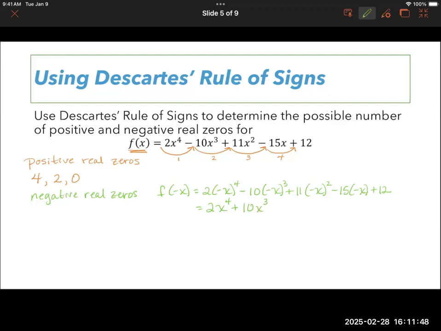Negative x squared, again, will give us a positive x squared times the positive 11, so that remains 11x squared. The negative x times the negative 15 will give us a positive 15x. And then we have our plus 12.